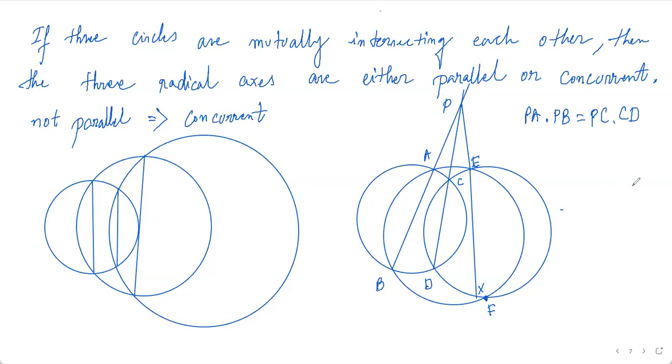Okay, and now this PX is a straight line. According to our hypothesis, this PX is a straight line, and also you see A, B, X and E.